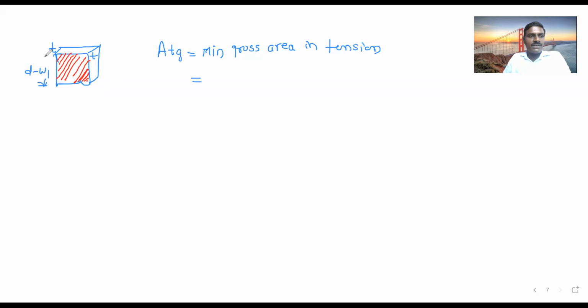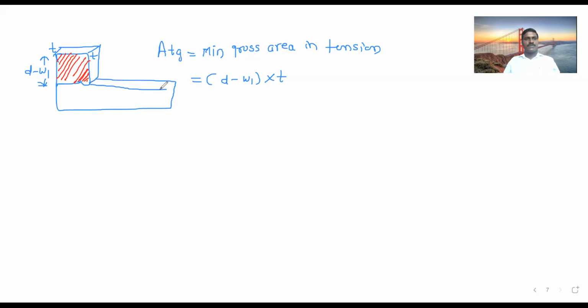Is this correct? So minimum gross area is, what is the formula for gross area now? This length into this thickness. D minus W1 into T. Is this correct? Gross area in tension. If I draw this whole sketch, this will be like this.